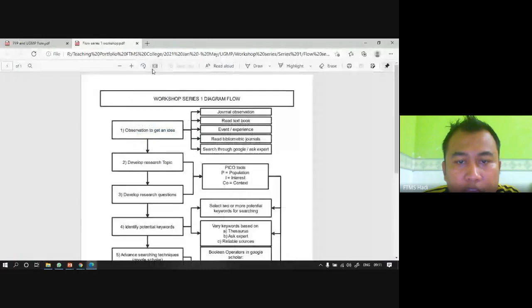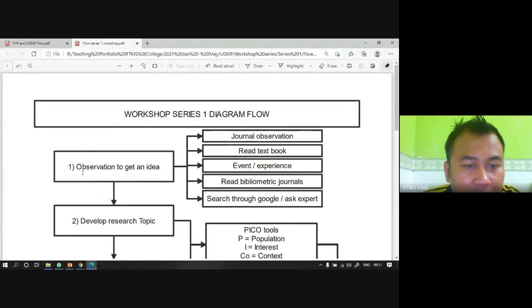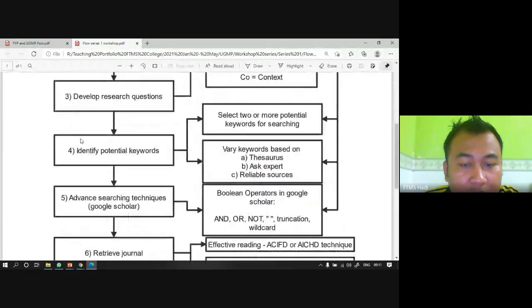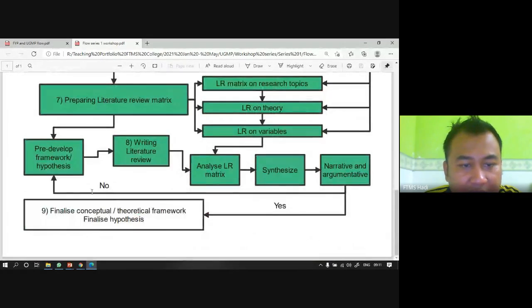You can see the process from number 1, 2, 3, 4, 5, 6, 7, 8, and 9.